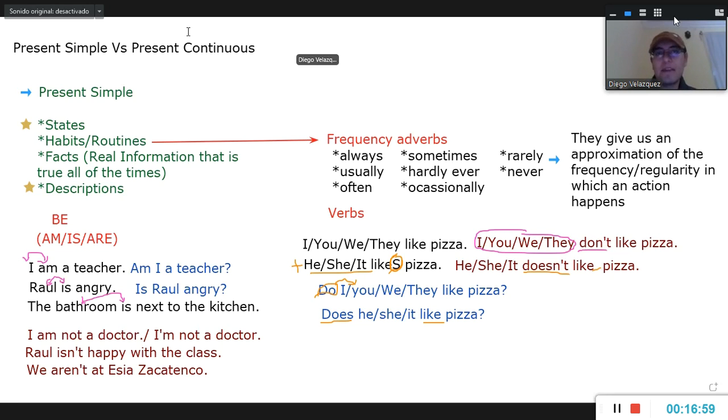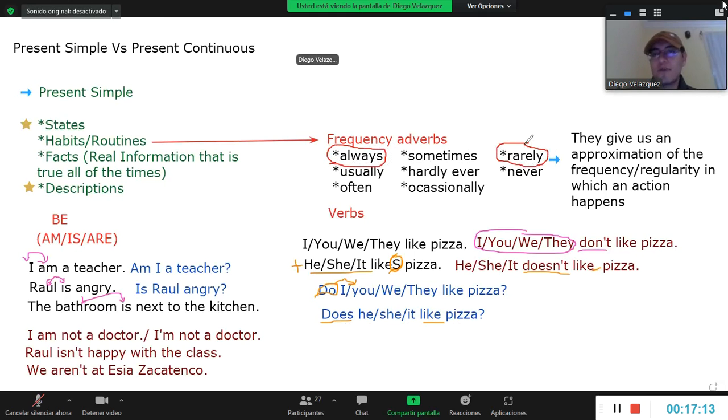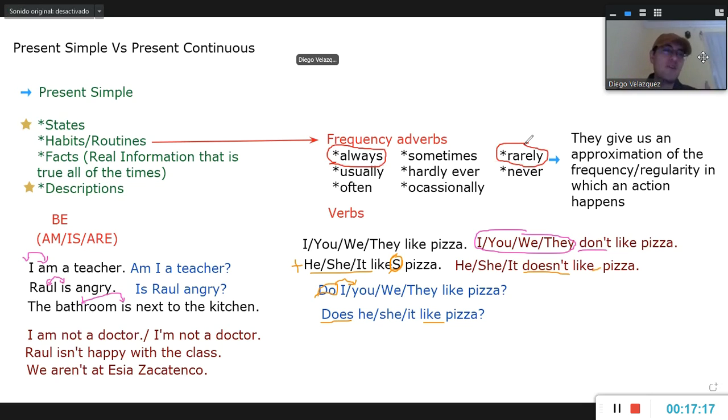Depending on the adverb, it's not the same regularity with the word always than speaking of a regularity with rarely. With always, we know that it is a lot of frequency, a lot of regularity. In the case of rarely, a very little regularity in which the action happens.